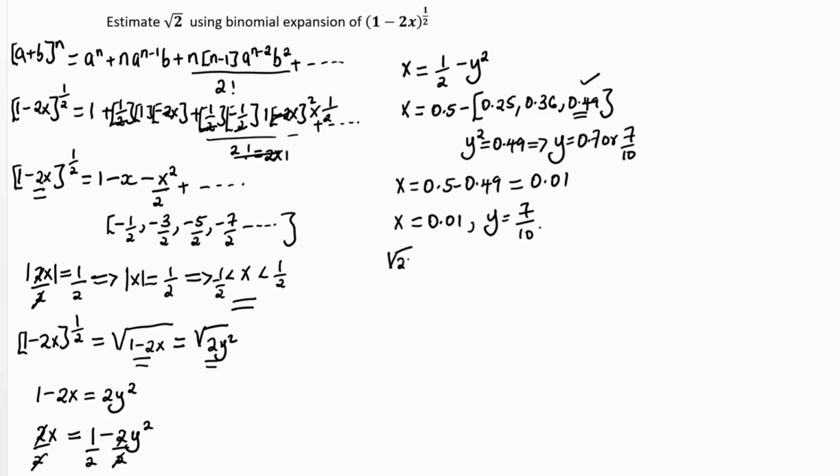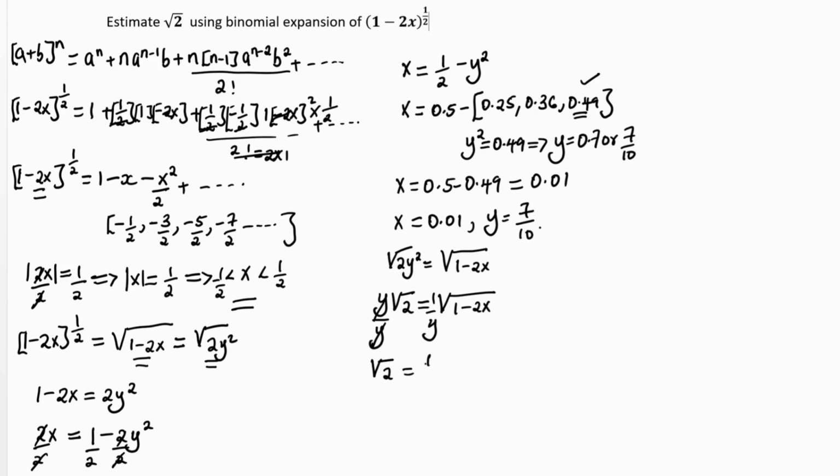Going back to our estimation, we're going to have root of 2y squared is the same as root of (1 minus 2x). We can write y, root of 2, equals root of (1 minus 2x). We divide by y. We cancel y and y.